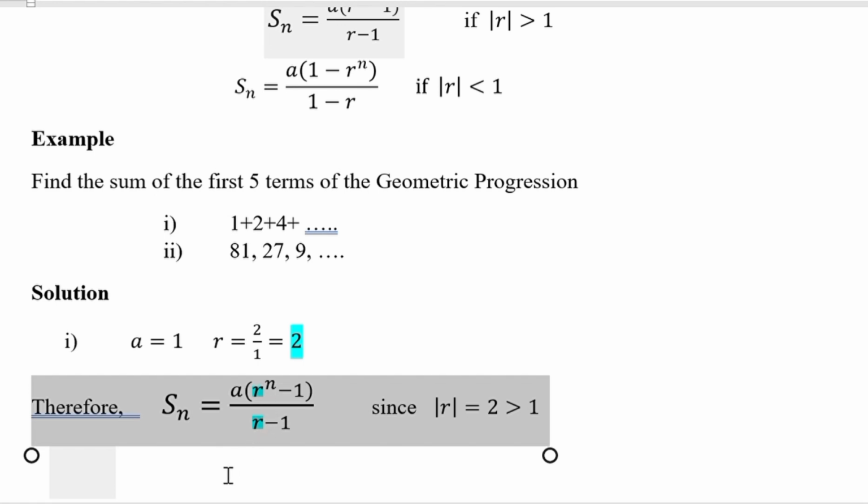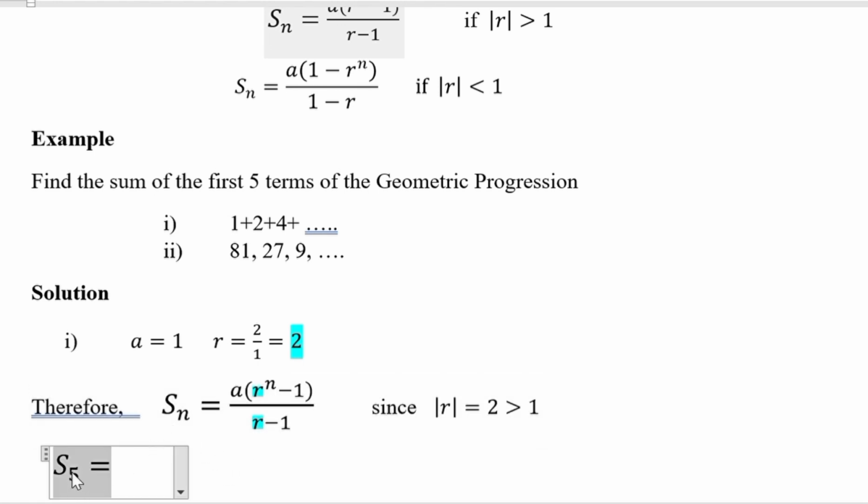So that means our S5, where is this 5 coming from? It's from the fact that we are getting the sum of the first 5 terms. So this subscript represents the number of terms we are getting the sum of. S5 is equal to A, which is 1, into R. Our common ratio is 2, so we shall have 2 raised to power 5, from the fact that we are getting the sum of the first 5 terms, minus 1.